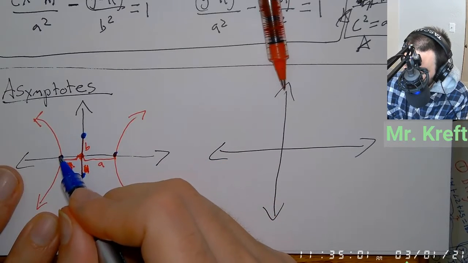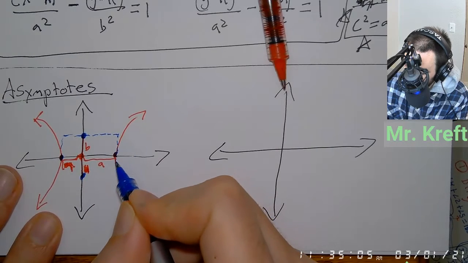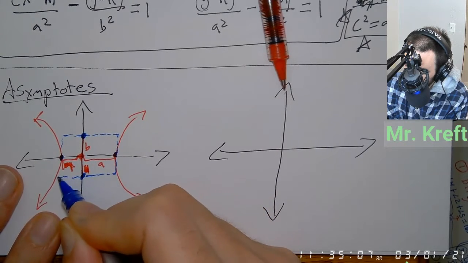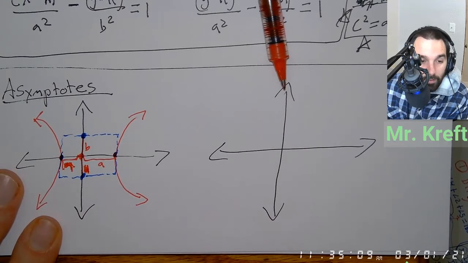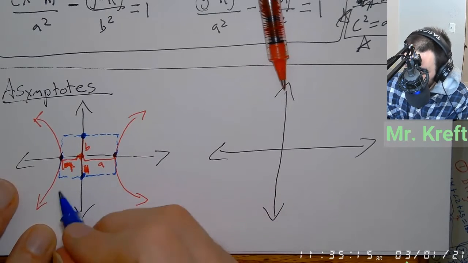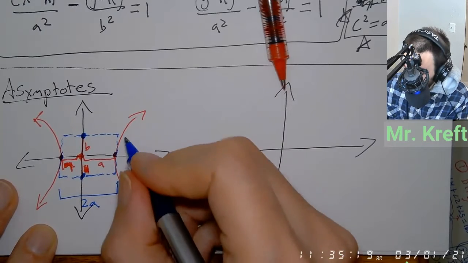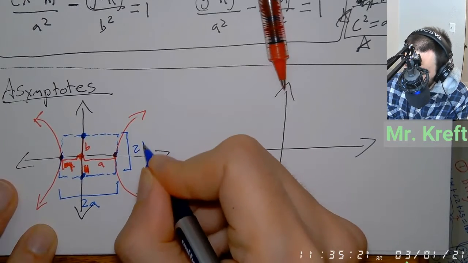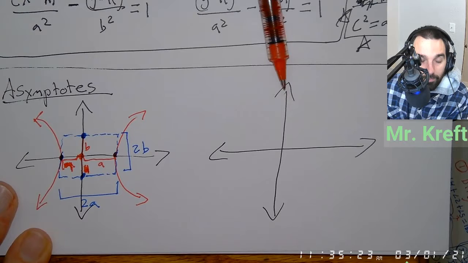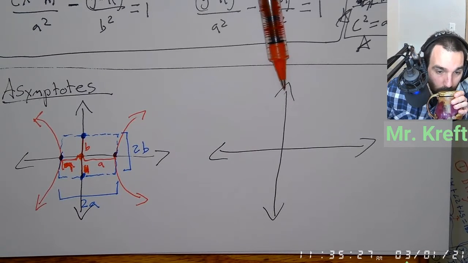And we're going to use those points to make a rectangle. Okay, do you guys see my rectangle? So again, this total distance here is 2a, and this total distance here is 2b.